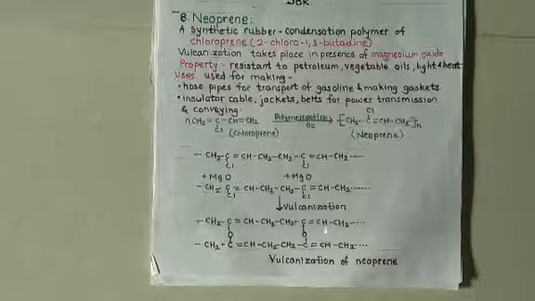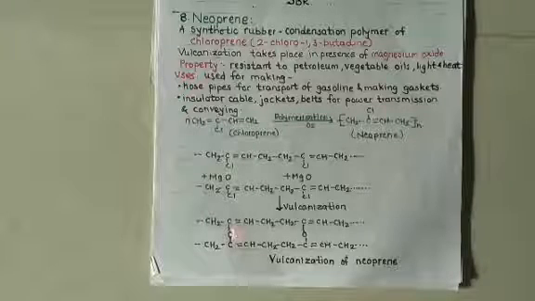This form is the vulcanization of neoprene, with linkage between oxygen. So that is the formation of neoprene, a synthetic rubber. Buna-S is a copolymer, and neoprene is a condensation polymer.